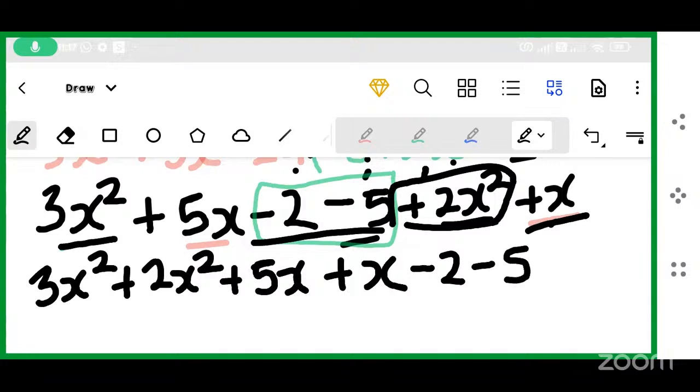So what is 3x squared plus 2x squared? 5x powered by 2. Perfect. So you just add your numbers and you remain with the main. So what is plus 5x plus x?